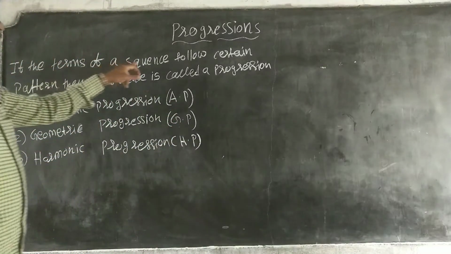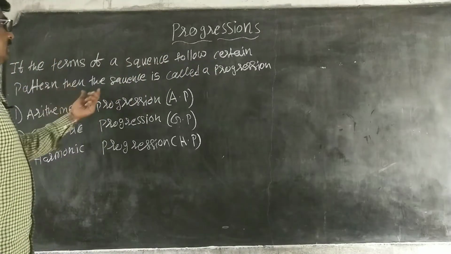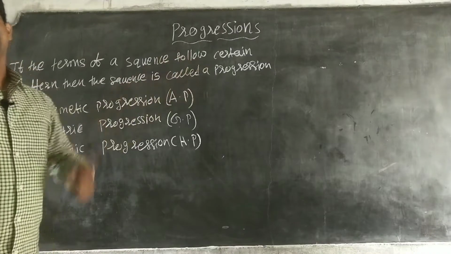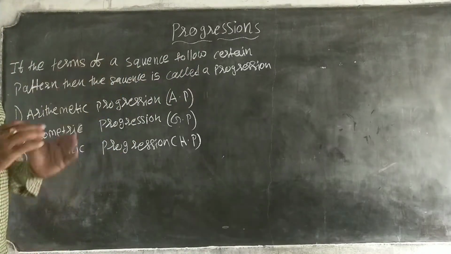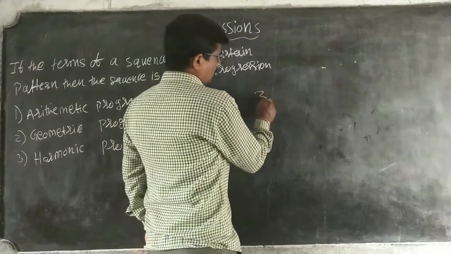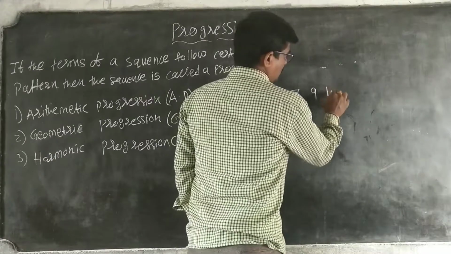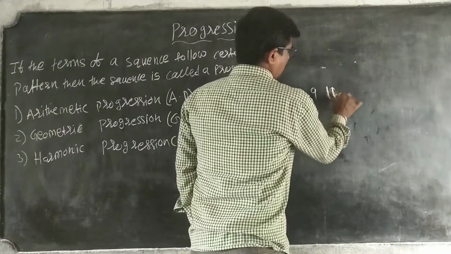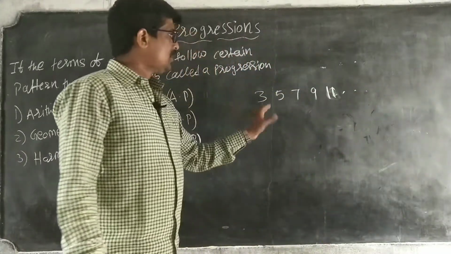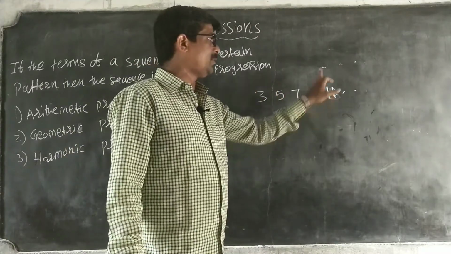If the terms of a sequence follow a pattern, then the sequence is called progressions. A particular pattern, whatever it may be. For example, I am taking one pattern: 3, 5, 7, 9, after 11. So 3 add to 5, 5 add to 7, 7 add to 9, 9 add to 11.